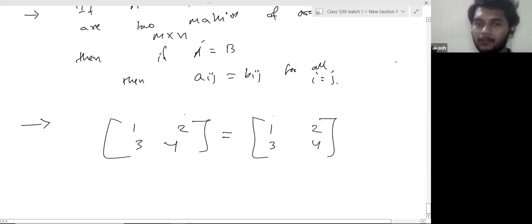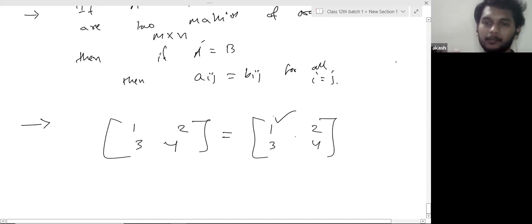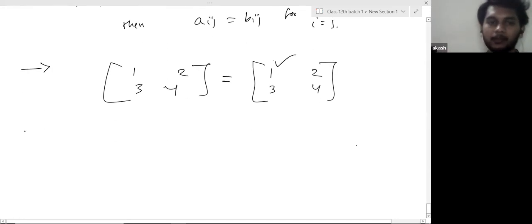If A11 is 1, then B11 must be 1 also. Corresponding elements must be same. Nothing can change. The order also must be same. All the elements must be same. Then only we can say two matrices are equal.